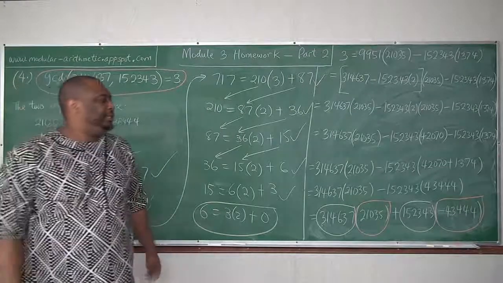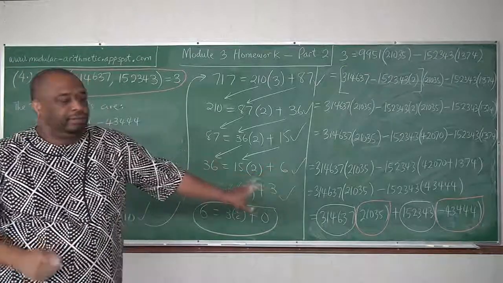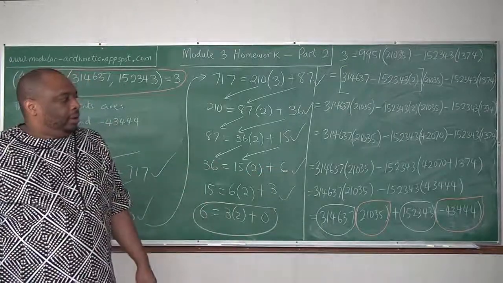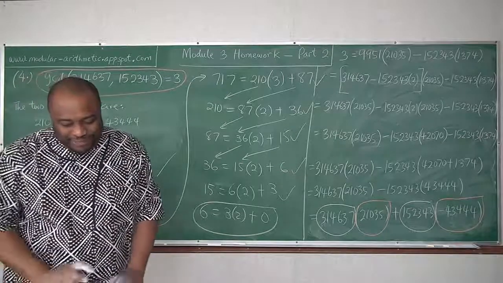Those are the two Bezout's coefficients. Okay? But this is the linear combination of those. Alright. Okay, we finished question 4.